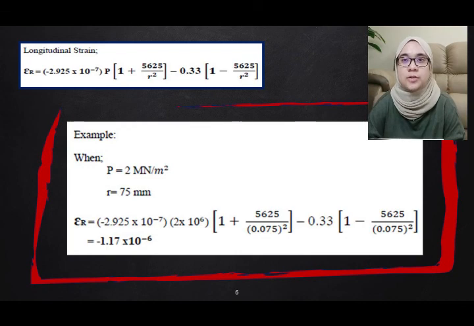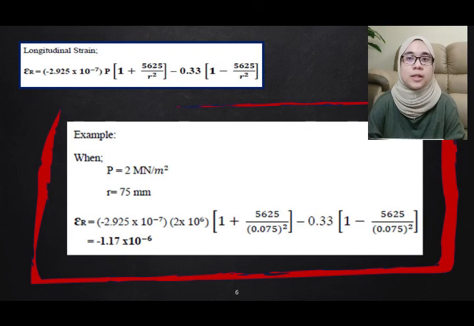For the longitudinal strain, the equation is quite different from the hoop and radial strain. The equation is equal to negative 2.925 times 10 to the power of negative 7 times P, where P is the pressure, times 1 plus 5625 divided by R squared, minus 0.33 times 1 minus 5625 divided by R squared.